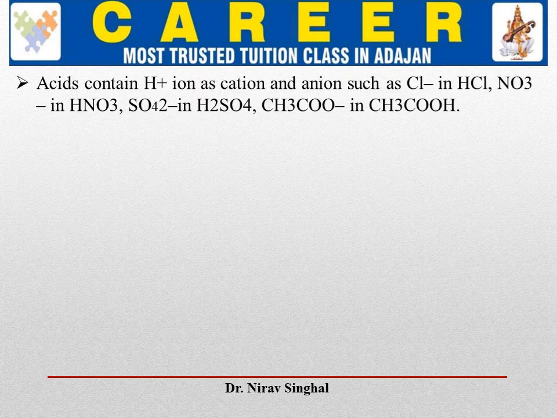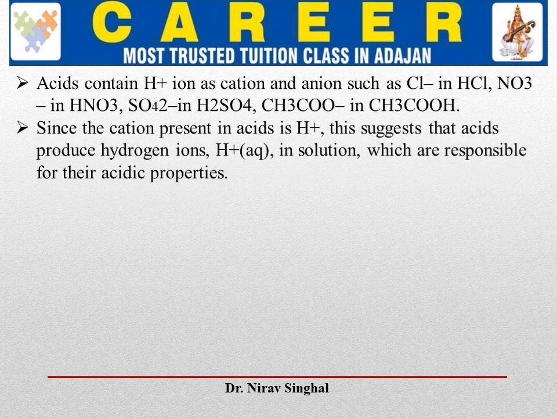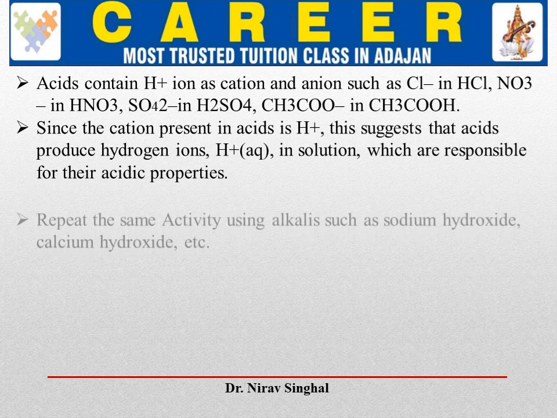Now, acid contains H plus ion as a cation, whereas the anions are Cl minus in HCl, nitrate NO3 minus in nitric acid, sulfate in sulfuric acid, and acetate in acetic acid. Since cations present in the acids are hydrogen ions, this suggests that they produce hydrogen ions in the solution, which are responsible for its acidic properties.